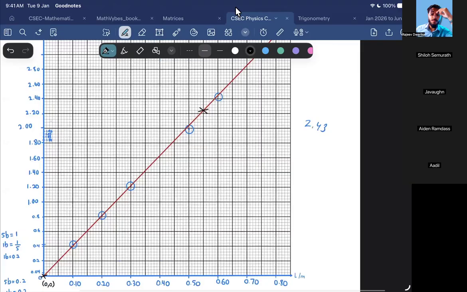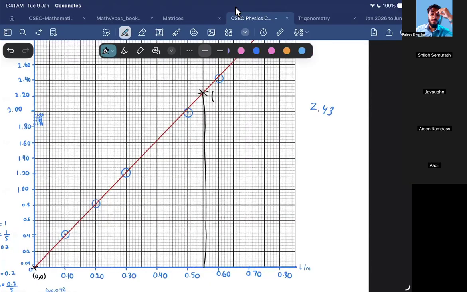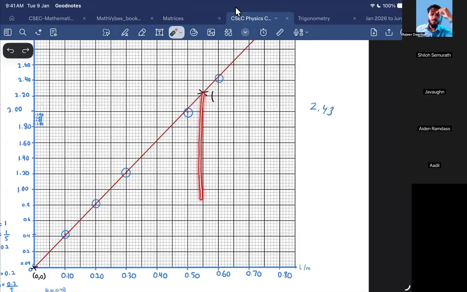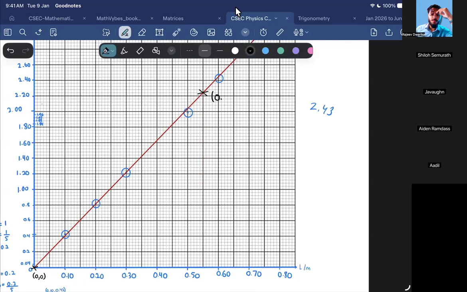So what's the x value? 0.0? I'm talking about this one here. Look at it carefully. 0.55. Yes, 0.55. And now we need to read off this.